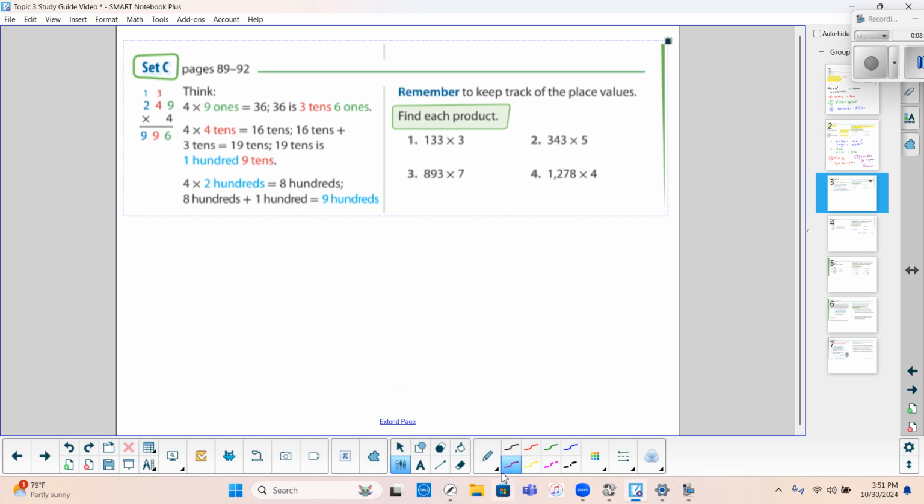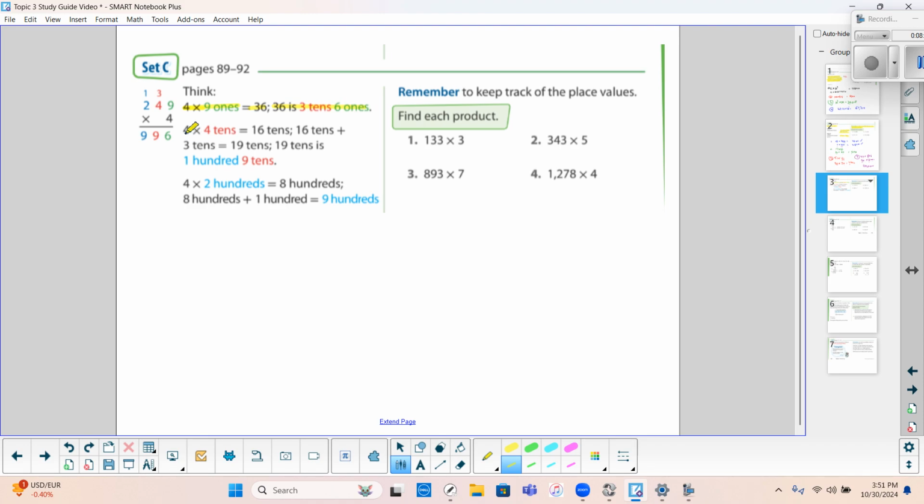All right, now let's look at set C. I'm not in love with the way the book describes it, but I'm going to go over it. Set C wants you to keep track of place values. So if you were doing this problem, 4 times 249, 4 times 9 ones is 36. So you put the 6 down here, carry the 3 up there. 36 is 3 tens and 6 ones.